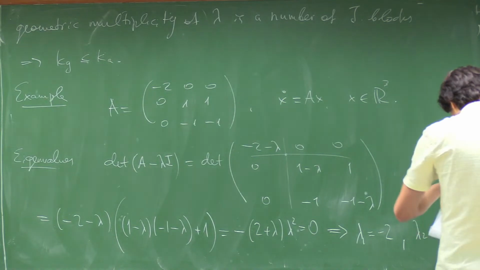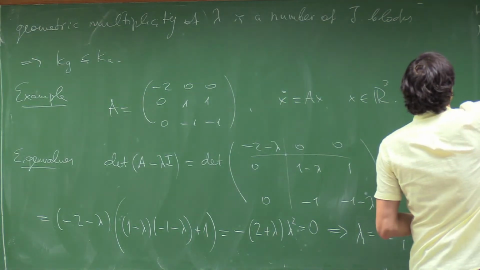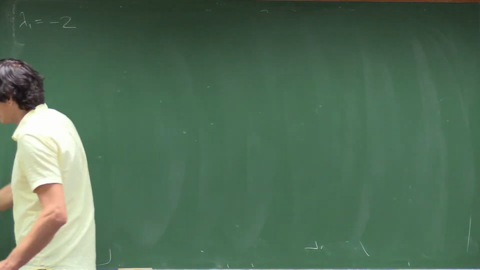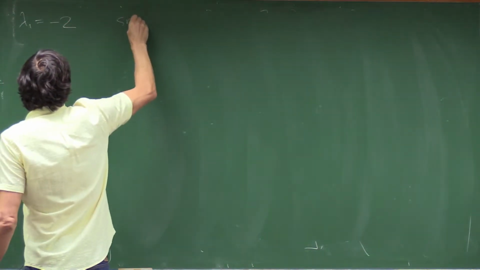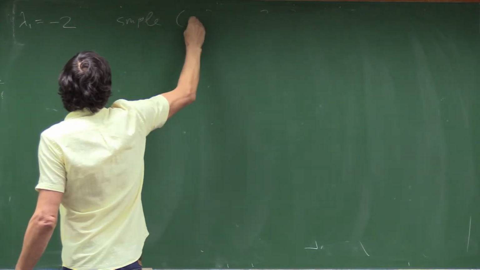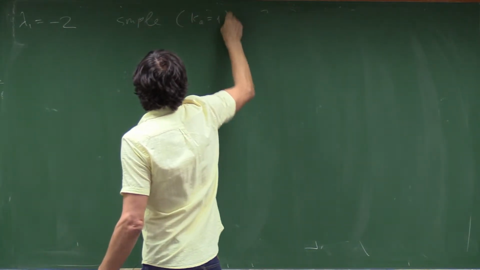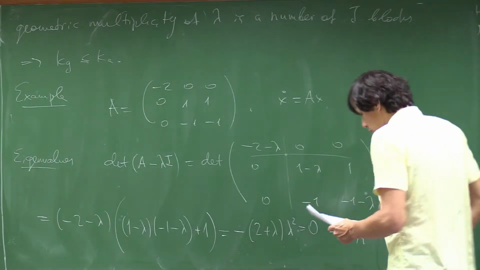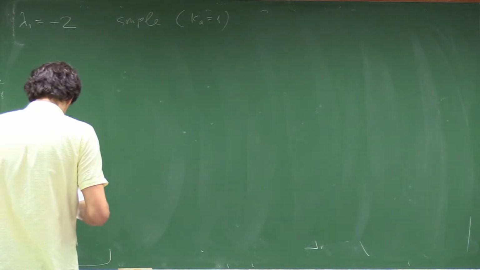So let's start first with minus 2. That's an eigenvalue which is simple, because its algebraic multiplicity is 1. It just appears as one root. So we know there will be one eigenvector.